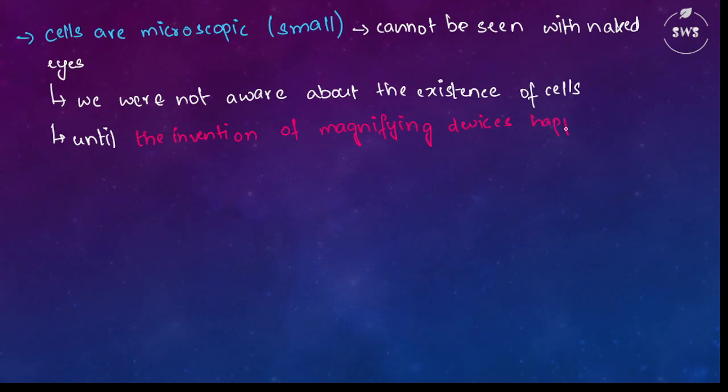You know what this means? The cells had always existed. We are existing means the cells also existed, but because they are so small, we were unable to see them with our naked eyes. So we were not aware that there is something called cells, until magnifying devices were invented. Which magnifying device is used for observing the cells?